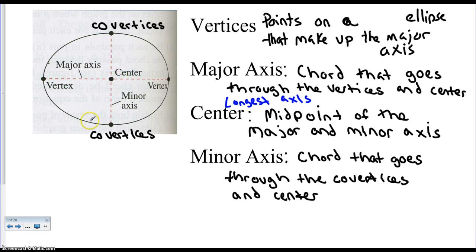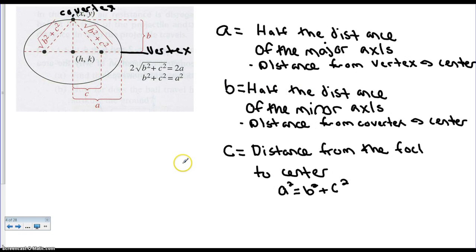Now, when we come up with the equations, there's three things we need to know. We need to know an a value, a b value, and a c value. The a value is half the distance of the major axis, or it's the distance from the vertex to the center.